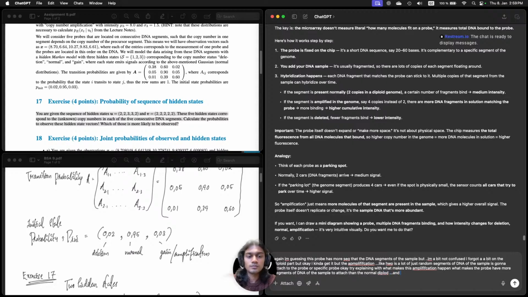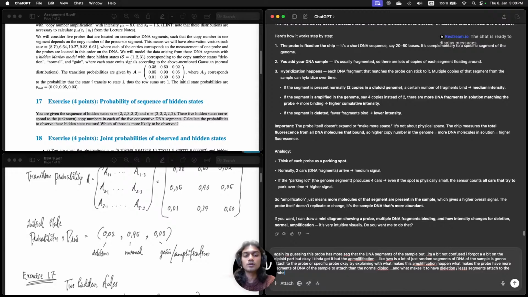And what makes it have deletion, or fewer segments attached to the probe? What factor in the probe changes these?